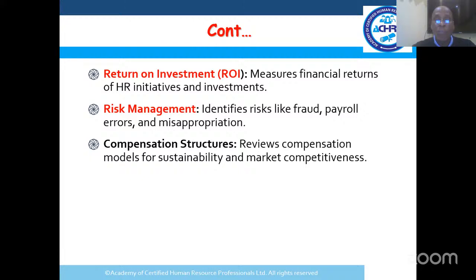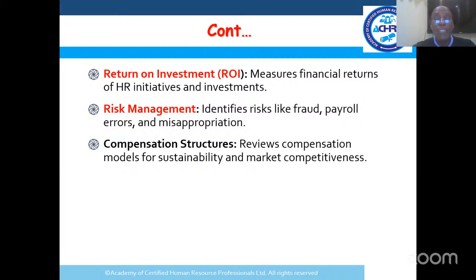Lastly is the compensation structures. Different organizations have different payment structures or compensation structures. When we audit these structures, we should find out which is the best structure that can give us the results that we want.